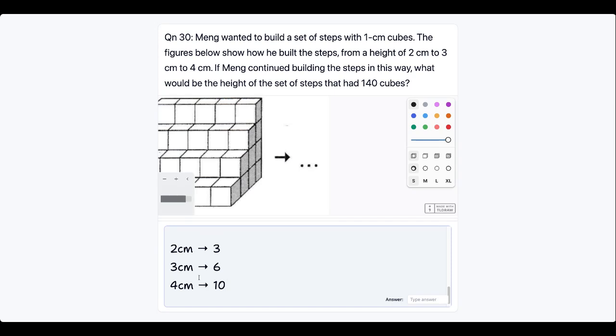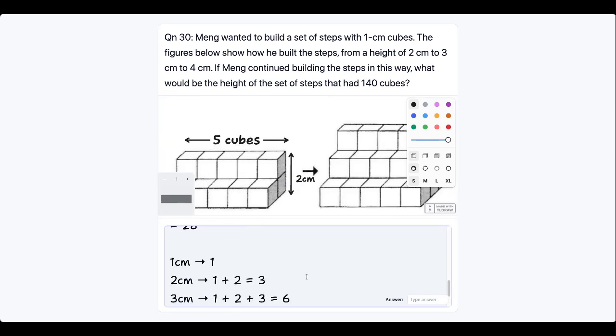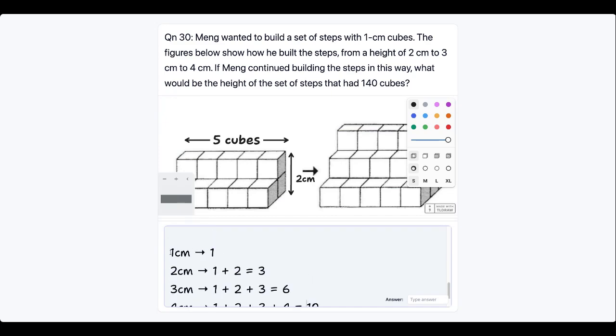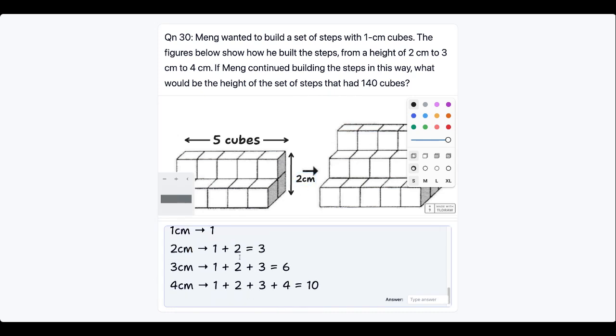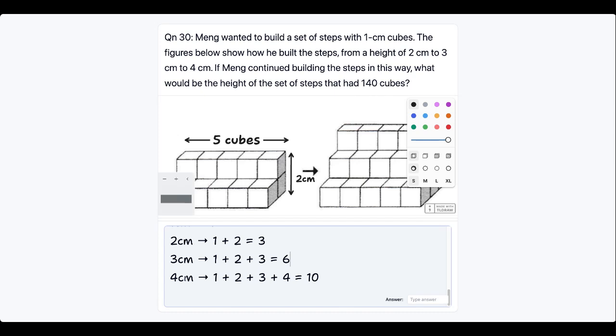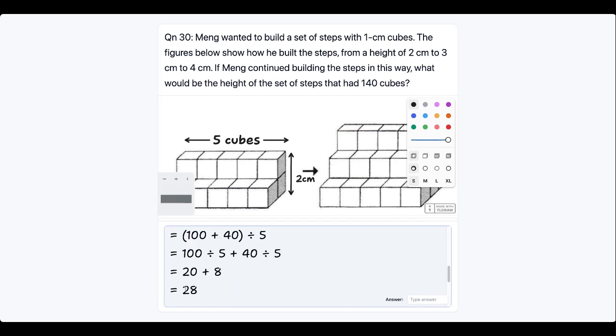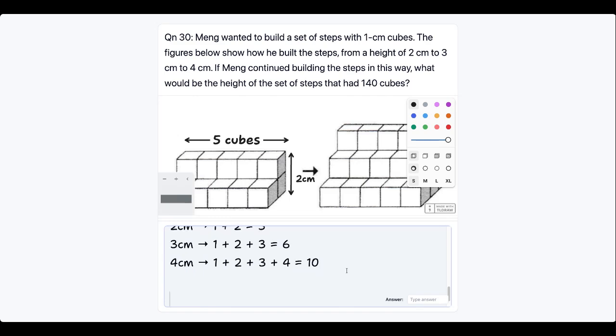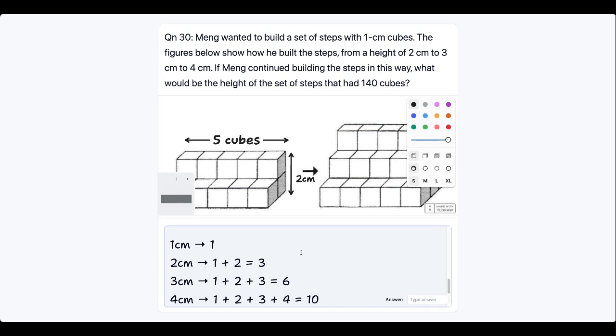Okay, so that means it looks something like this, right? So you have 1 centimeter. If you were to put 1 centimeter high, it's just one row of cube. So you have 1, then you have 2 centimeters, it's basically 1 plus 2. 3 centimeters is 1 plus 2 plus 3. 4 centimeters is 1 plus 2 plus 3 plus 4. So what about 28?